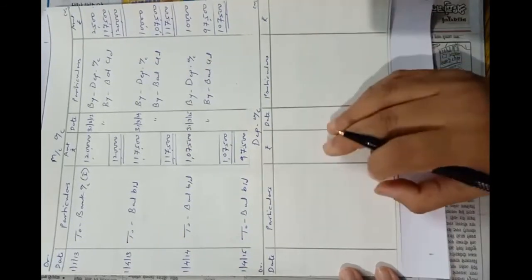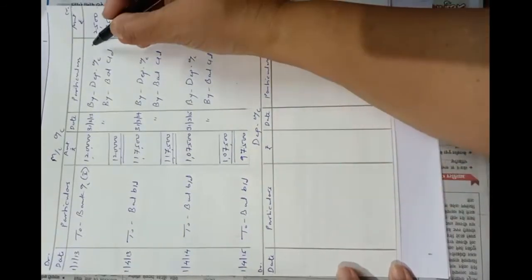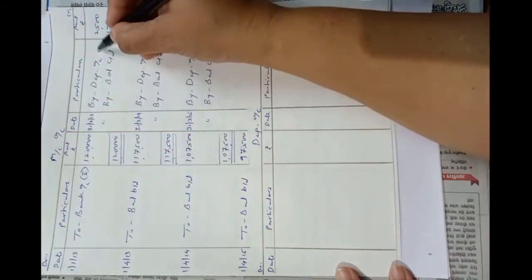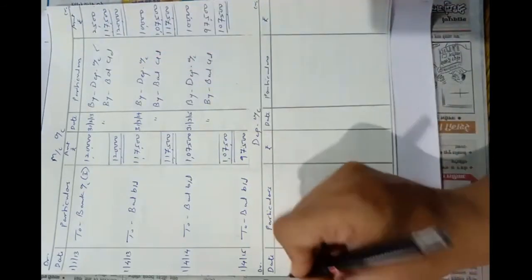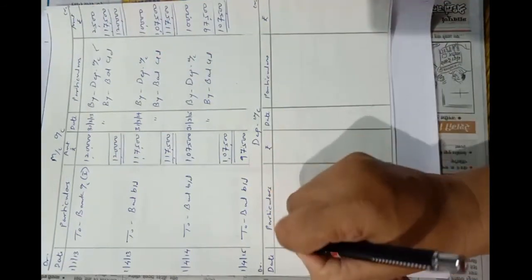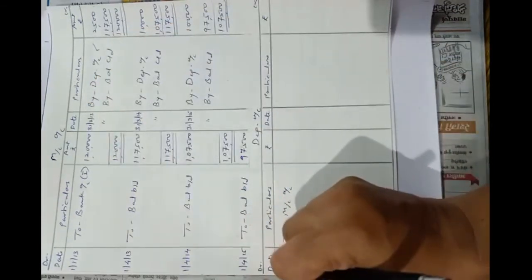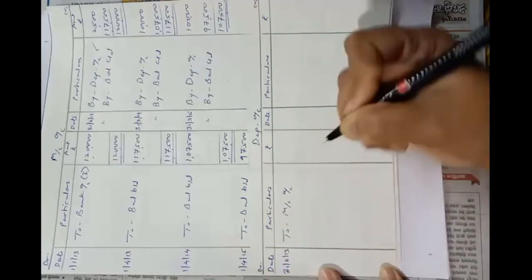So in this way we have prepared machinery account, and now from this machinery account we can easily prepare depreciation account. First we have to pass this entry, means post this entry. Credit side of machinery account by depreciation account. So debit side of depreciation account to machinery account on the same date, that is on 31st March 2013.